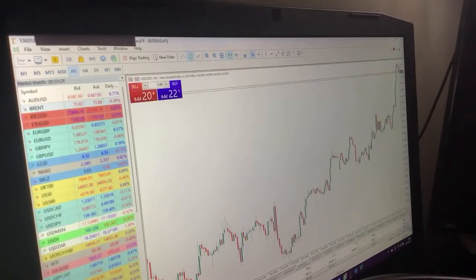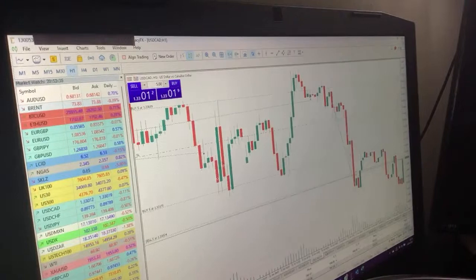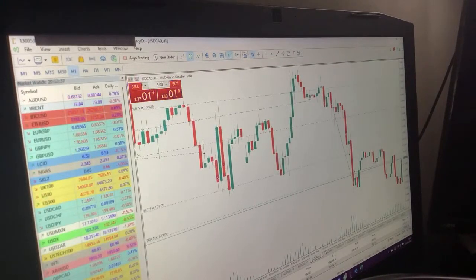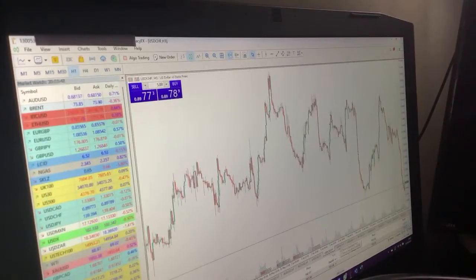New Zealand USD, again right on top of the 1 hour candle. USD CAD, yesterday's sell is still in profit. You guys can close it or I'm going to use the same sell. And that's it. USD CHF, we can see what happens.